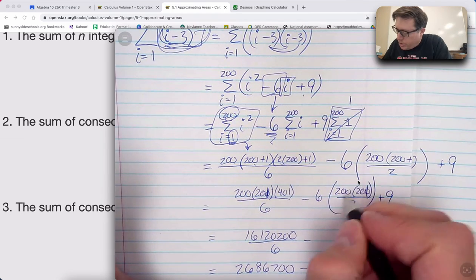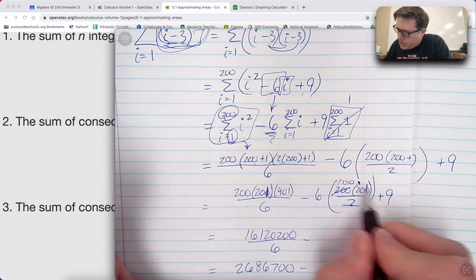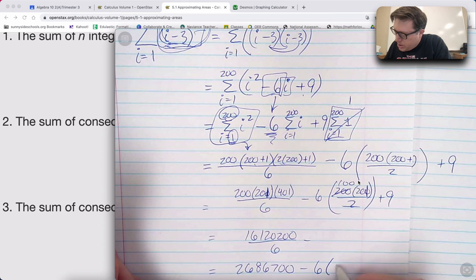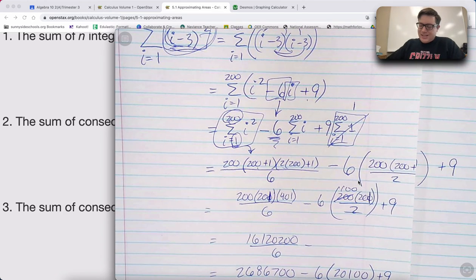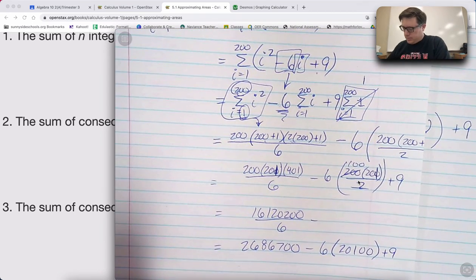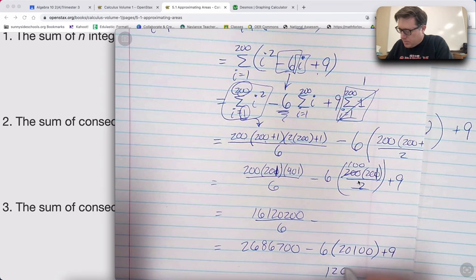Okay, oh no, wait. I can do 100. I can add the zeros here. So this is 6 times 20100 plus 9. Sorry. Stop. I know. I got it. Hey Siri, what's 6 times 20,100? 6 times 20,100 is 120,600. Wow, I feel dumb.